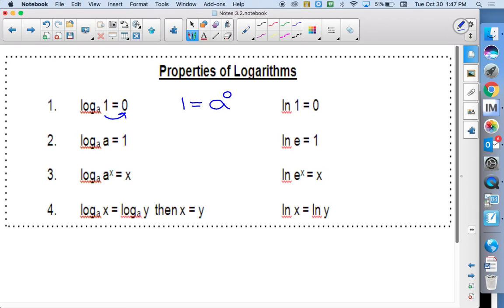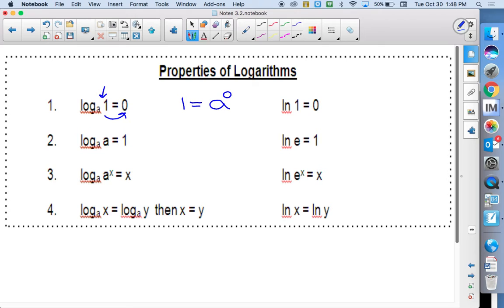Well, the answer is always 0 then. Any number to the power 0 is 1. Right. So the reason that holds true is because any number to the 0 power is always 1. So whatever you have as a base, as long as you have a 1 there, your answer is always 0. So the log base 7 of 1 is 0. The log base 100 of 1 is 0. The log base 1,000 of 1 is 0. So the log base anything of 1 is always 0.